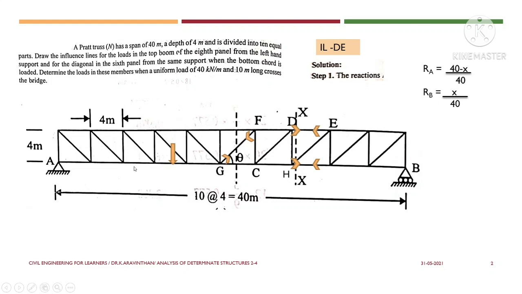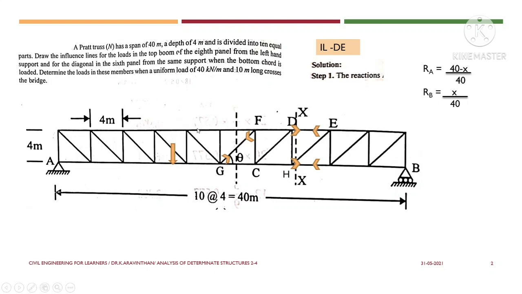Now when a moving load is moving from point A to point B, it can be a UDL, it can be a point load, whatever it might be. If it is moving from one place to another, we know that the load transferred to each member is different. The top members will always take compressive forces throughout the movement of the load.